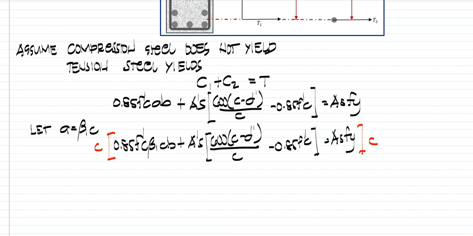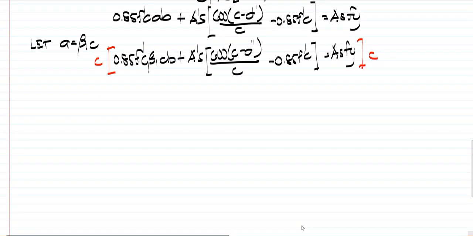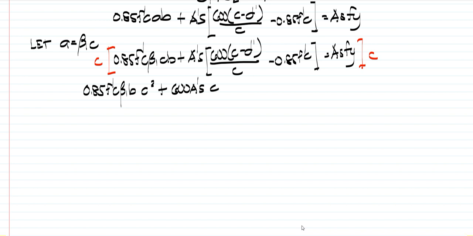Multiplying both sides by c, we have the equation 0.85 f'c beta 1 b c squared plus, the c cancels out in this term, so it becomes 600 A's c. The next is minus 600 A's d'. And the next is minus 0.85 f'c A's, which of course has a c. Then it is equal to As fy, multiplied by c. Then arranging the terms and adding similar terms.